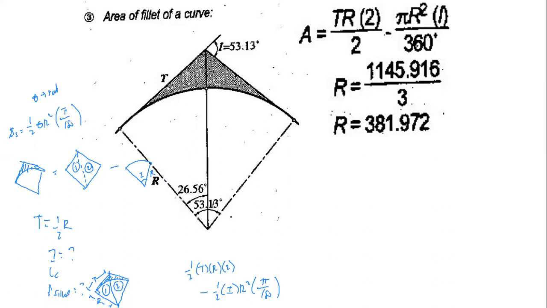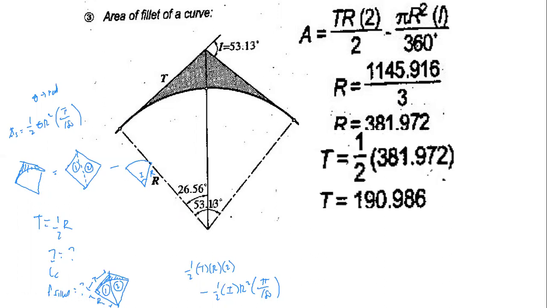Yung D is equals to 1145.916 divided by R, no? So just cross multiply to give us the formula for R in terms of D is equals to 1145.916 divided by D. So D is given sa problem as 3 degrees, no? So just give us the value of R as 381.972. And of course, tangent distance can be obtained.